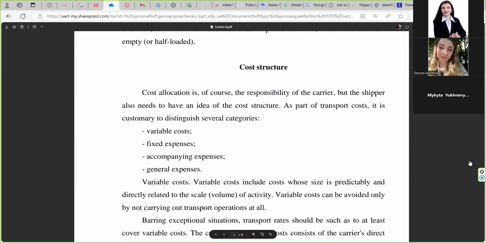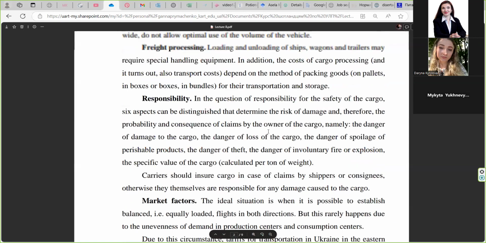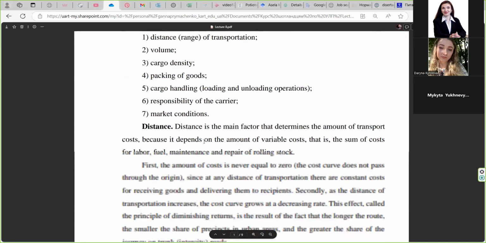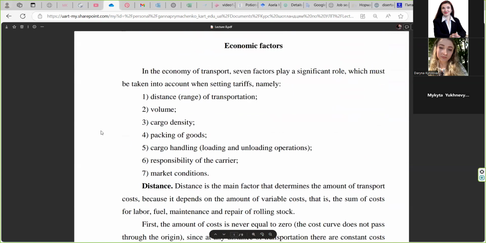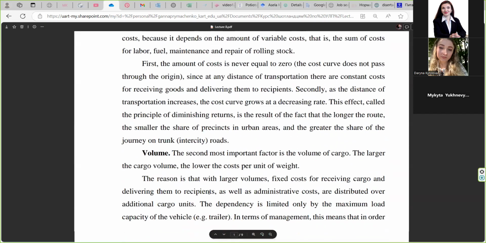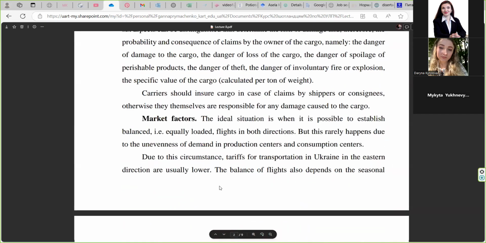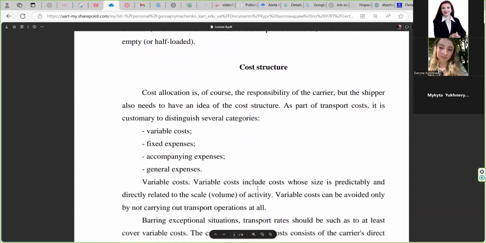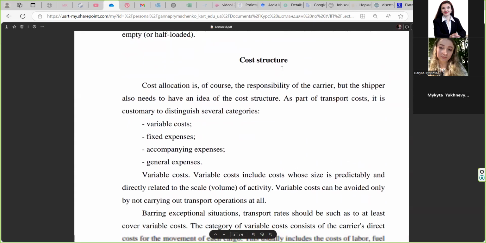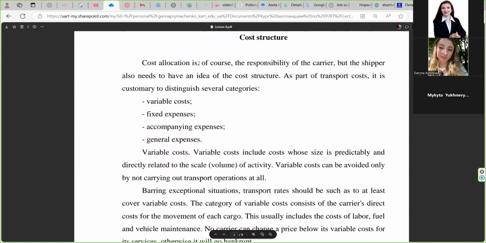Cost structure. It is our next question. The first question we discussed was about economic factors. We already discussed every one of these factors. And now we start our next short topic, a short topic of our big topic. It is cost structure. Cost allocation is, of course, the responsibility of the carrier, but the shipper also needs to have an idea of the cost structure.